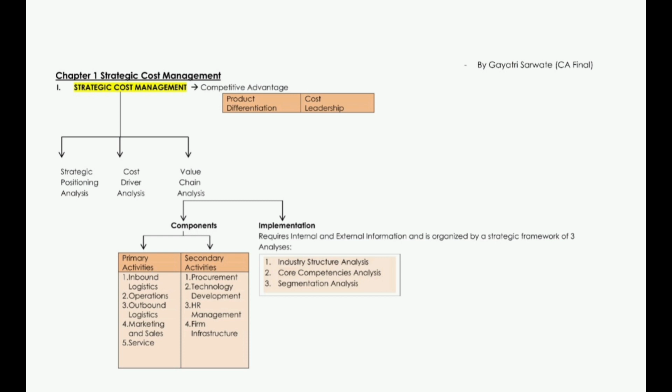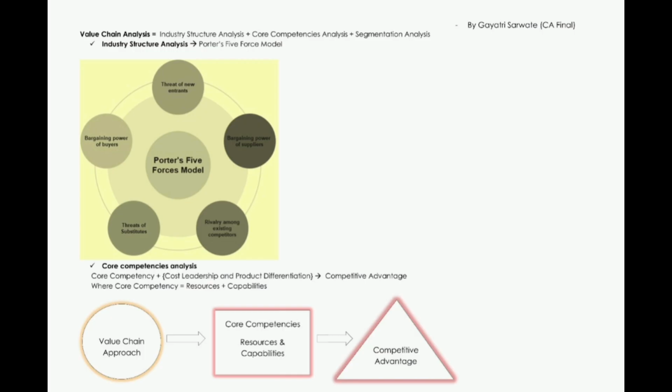Technological development includes technical knowledge, equipment, hardware, software, or any other kind of knowledge which will help to convert these inputs into outputs. Also, third thing, human resource management. It includes selection, recruitment, training, appraisal of employees. And fourth, the firm infrastructure. It consists of the activities such as financing, accounting, legal, government affairs, and quality management.